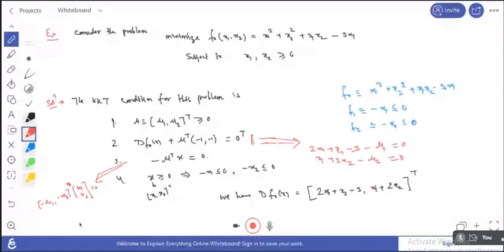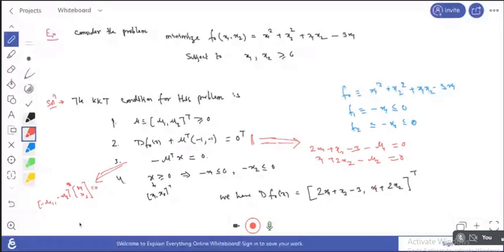So this implies that 2x2, and here this condition applies.